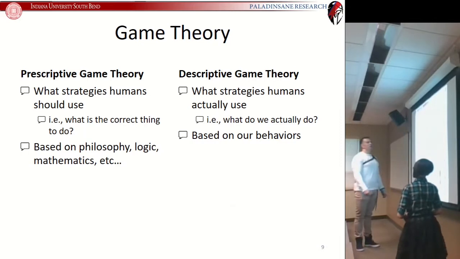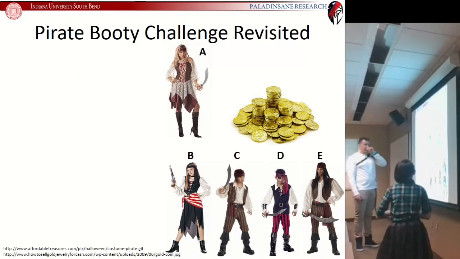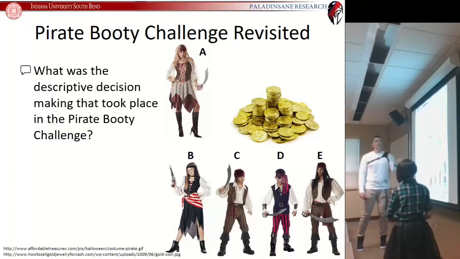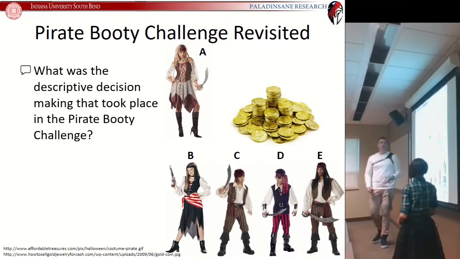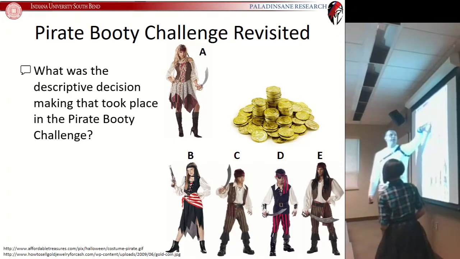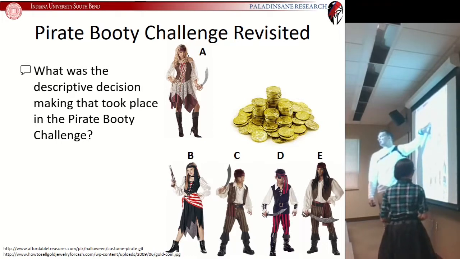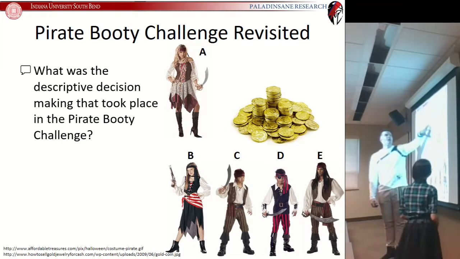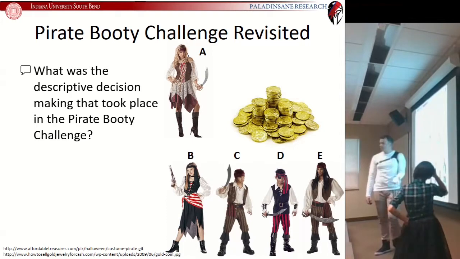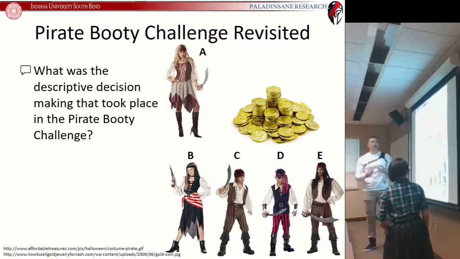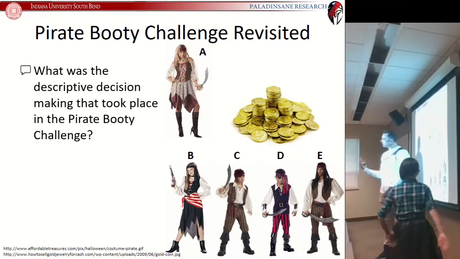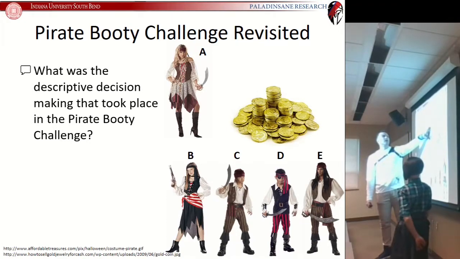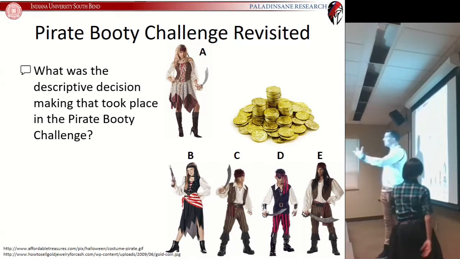To show you what difference there often is, last time we saw the original Pirate Booty Challenge, the one where if an allocation was voted down, that person was thrown overboard. And we saw that the correct solution, the prescriptive solution, was for Pirate A to get 98 coins.